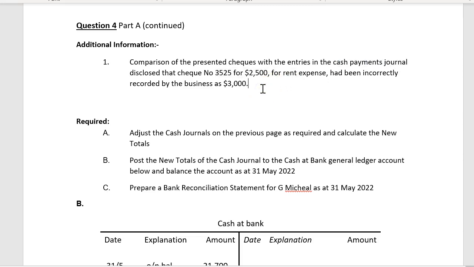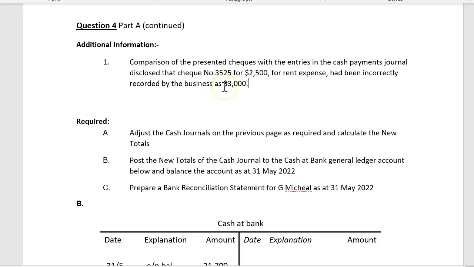So the actual payment of 2,500 was recorded by the bank correctly. However, the business recorded this payment as 3,000. So the business overstated the payment by 500.